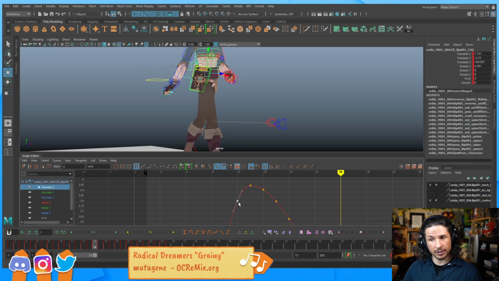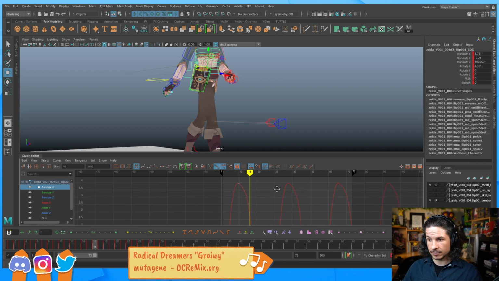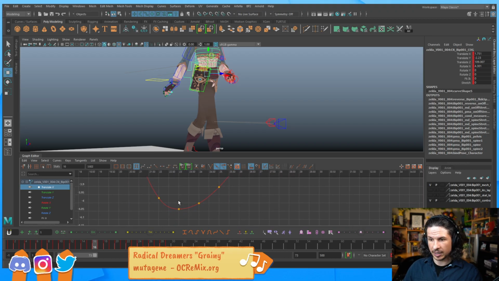The frame before is a further distance than the frame after. On the other side, the frame before is a further distance than the frame after. This makes for a natural turn. This makes it feel like the character is turning themselves versus someone pushing them.